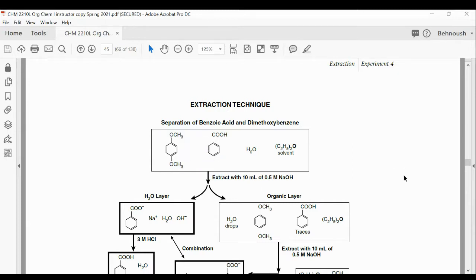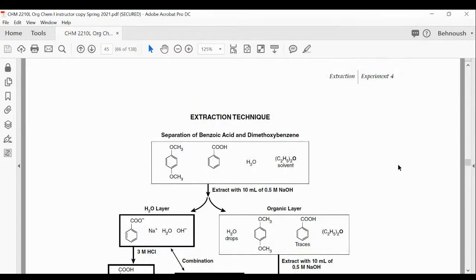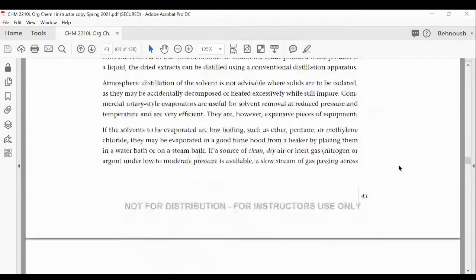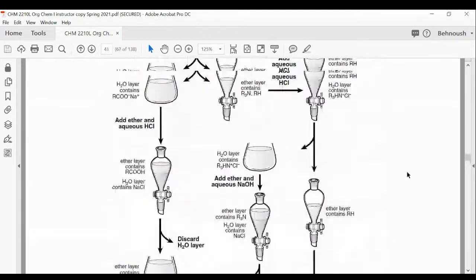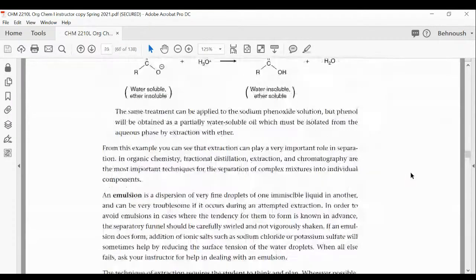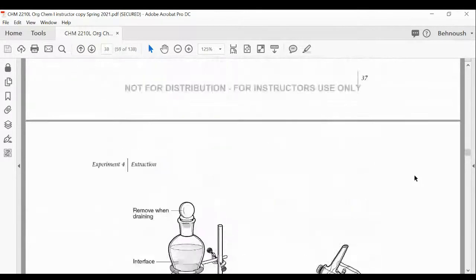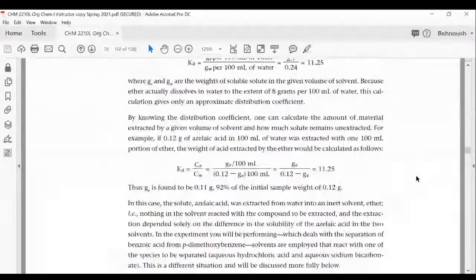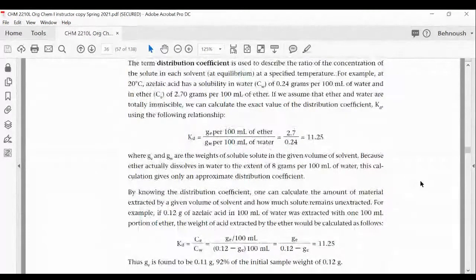And that brings the concept of KD. What is KD? KD is the distribution factor or partition coefficient, which is the ratio of solubility of the compound.